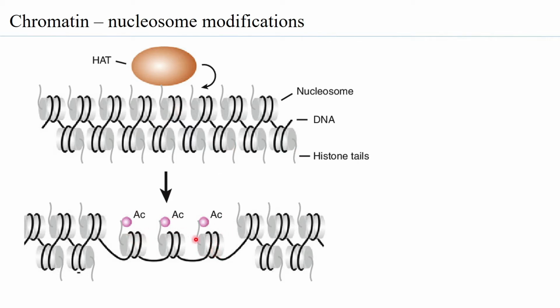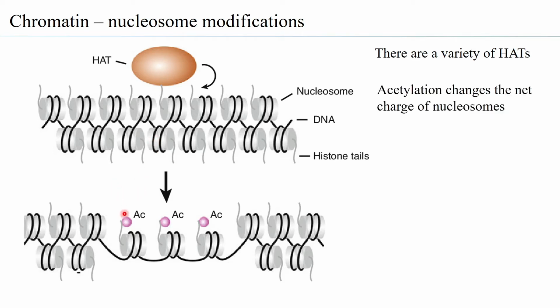Now, when this acetylation happens, please do understand that there are several variants of the histone acetyl transferases, and depending on the variants, I guess they would be able to recognize different regions of the chromatin where they can come and bind or acetylate the lysine residues.